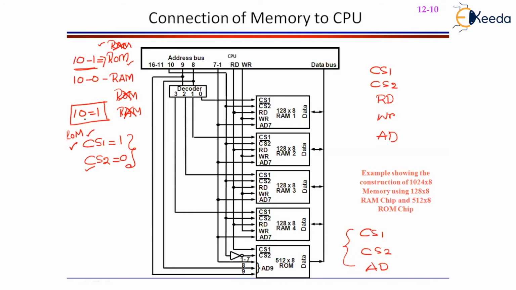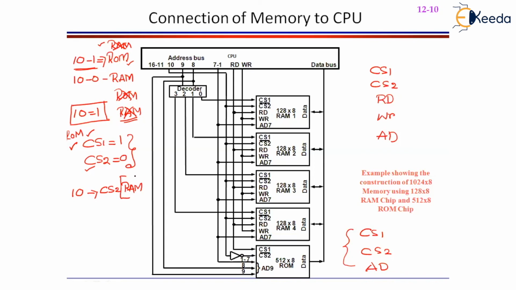First we will ensure that RAM will get disabled. In order to disable the RAM whenever the 10th digit is equal to 1, I will take the 10th digit and connect it to CS2 of all the RAM chips. I will write it here: the 10th digit will get connected to all the CS2 of RAM.